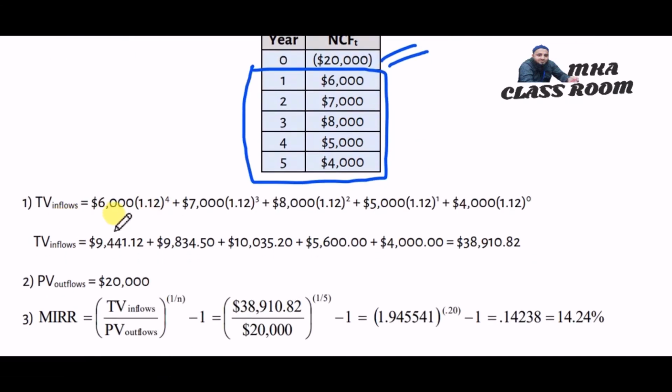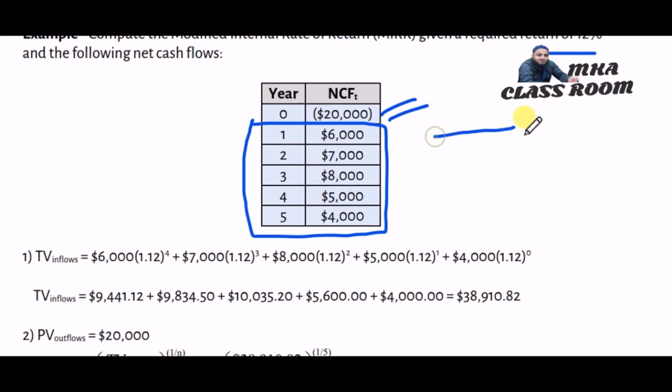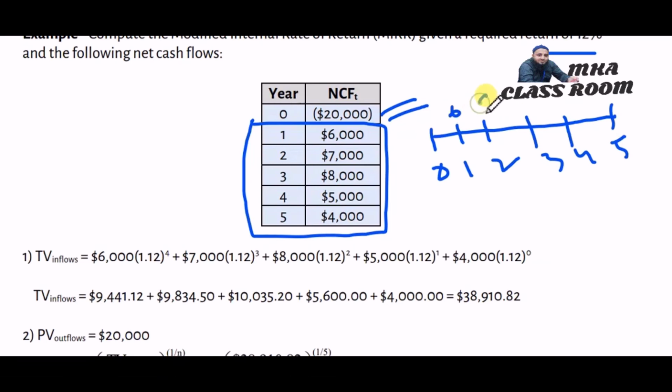Then terminal value equals, that is the 6000 carries. So you can write down the timeline to find out the value of n. 1 2 3 4 and 5. Here are 6000, 7000, 8000, 5000 and 4000.